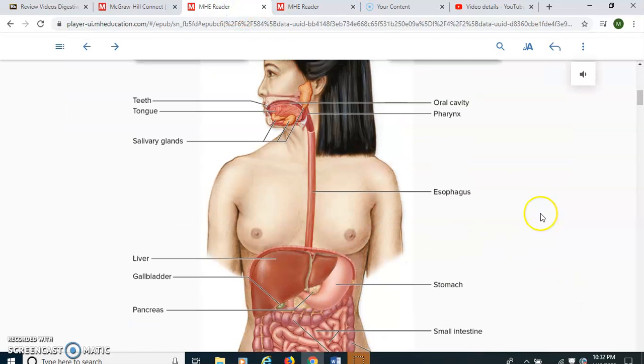Whenever we have lipids that are ingested and they're in our oral cavity, we do have a small amount of an enzyme. It's from the sublingual salivary gland, and they call it lingual lipase. So there is an enzyme produced by the saliva, not a lot of it, but a little bit.